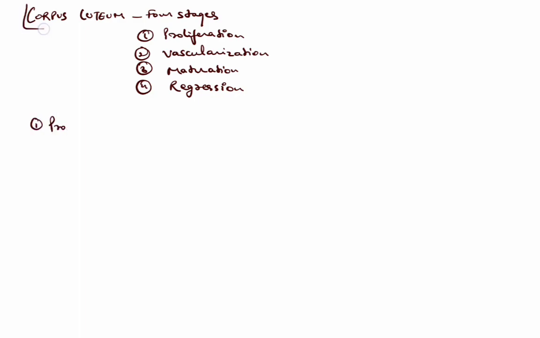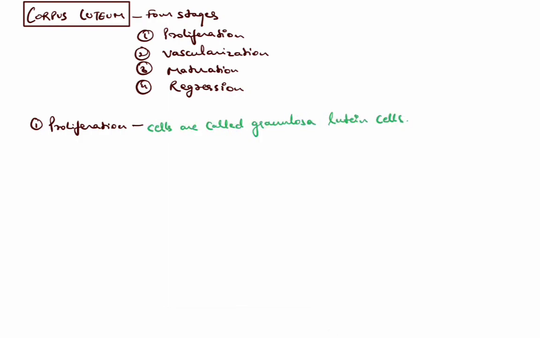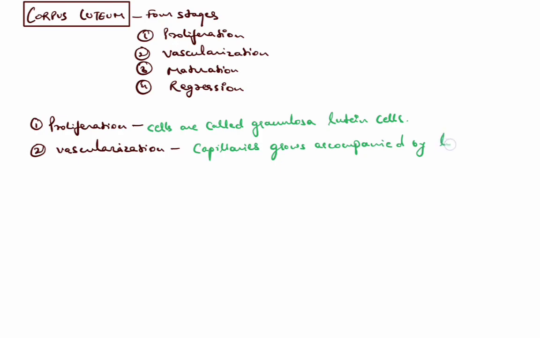First of all, the corpus luteum proliferates. It produces hormones important for the maintenance of the endometrium. In case of fertilization, cells are called granulosa lutein cells. In vascularization, more capillaries and blood vessels are added, accompanied by lymphatics and fibroblasts.